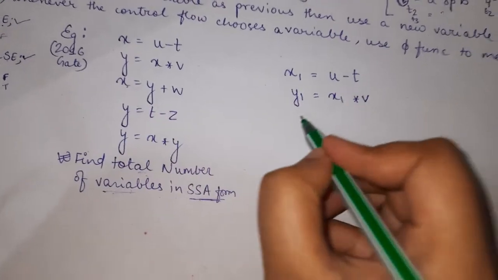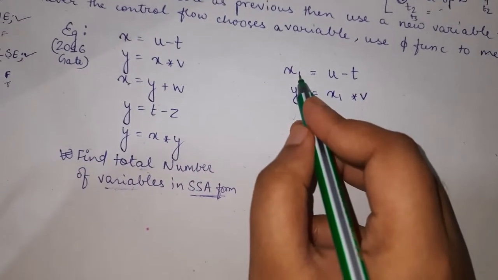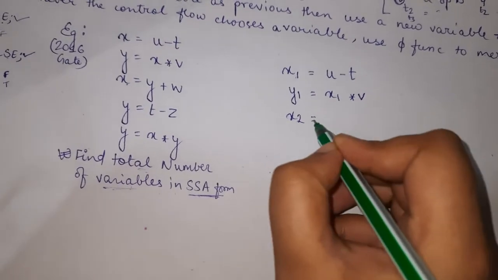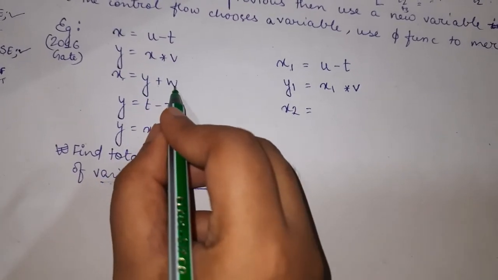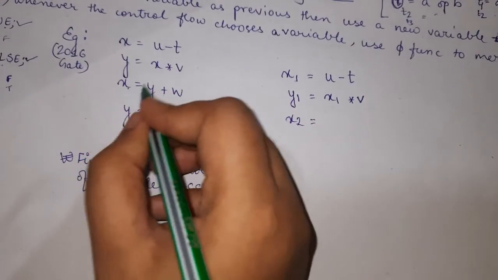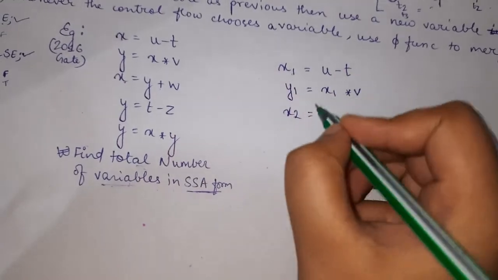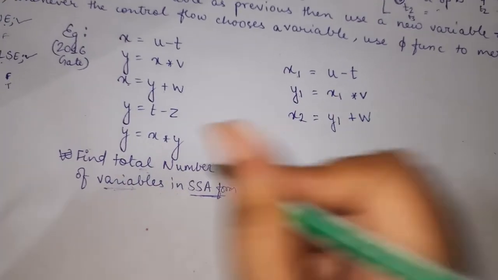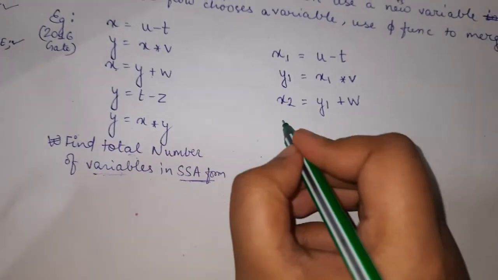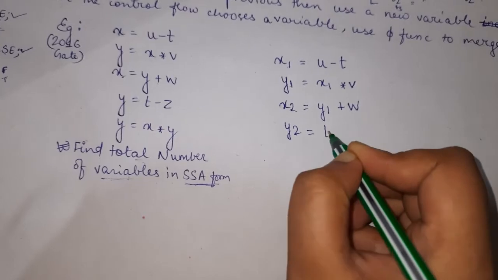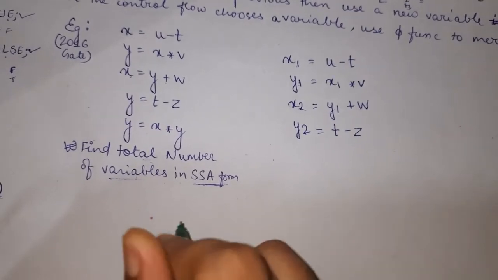Then x, I cannot write x or x1, I need to write x2, the next one, equals y plus w. Here y means just the next one I have used, so it is y1 plus w. Again y, so I need to write y2 equals t minus z.